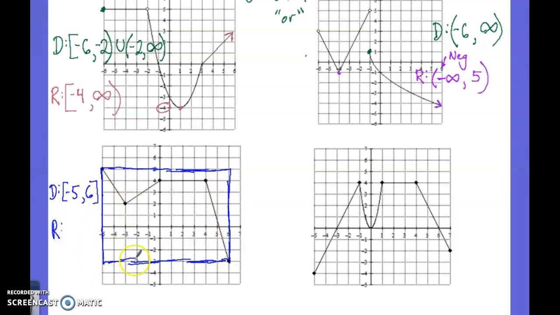And for the range, we go from the bottommost, and again, it is defined at -3, to the topmost of +5. I don't know if that helps anybody, but that might actually help you understand this one as well. Doing a box. So the entire graph, the entire relation needs to fit inside of this box.